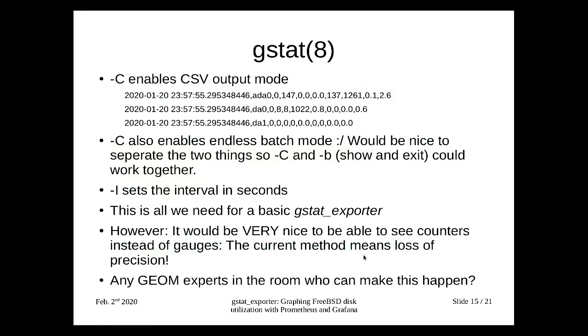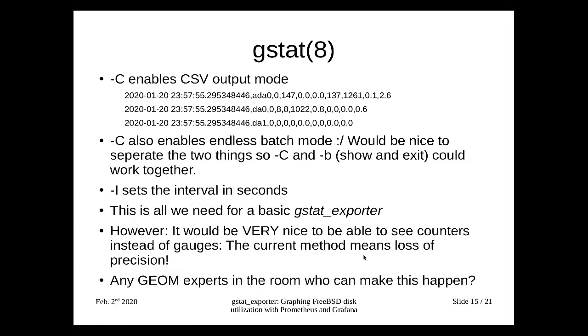There's a -C flag for gstat that makes it output in CSV mode, it's called in the man page, instead of the top style display. Unfortunately, a bit of a complaint would be that when you enable -C, it also enables endless mode, so it keeps running.